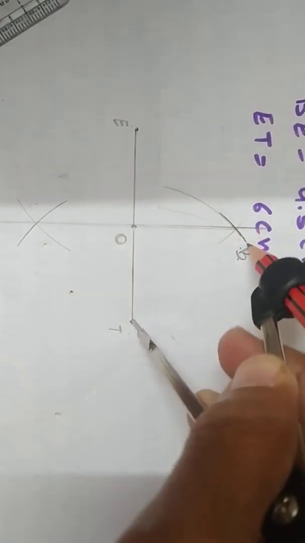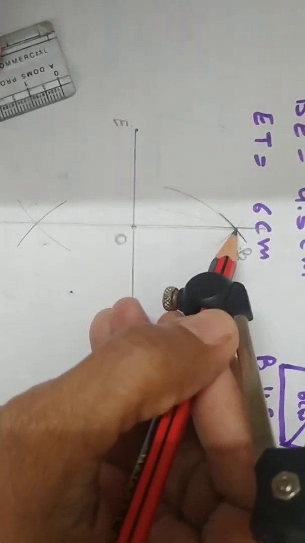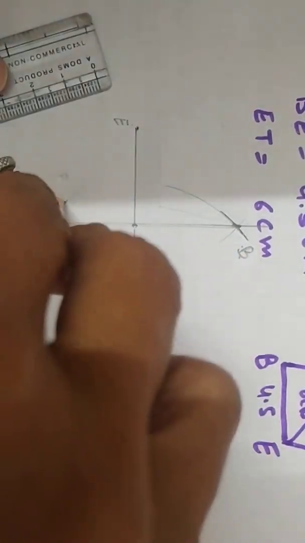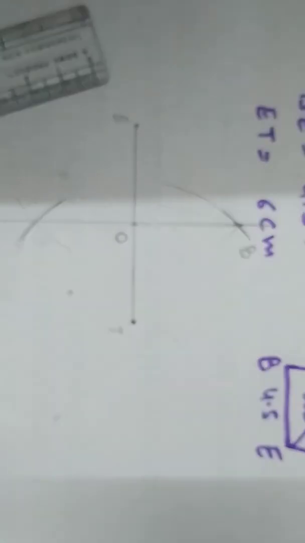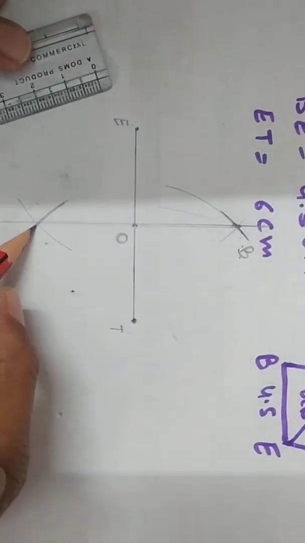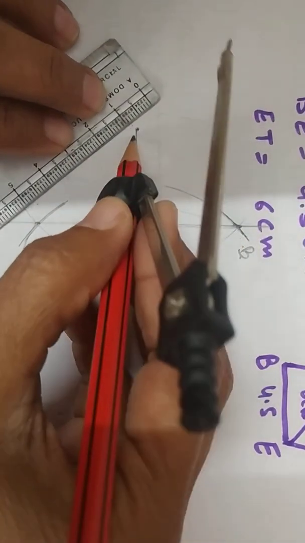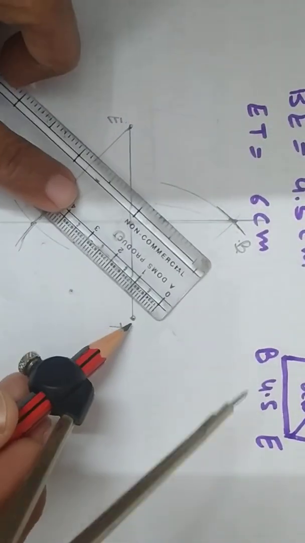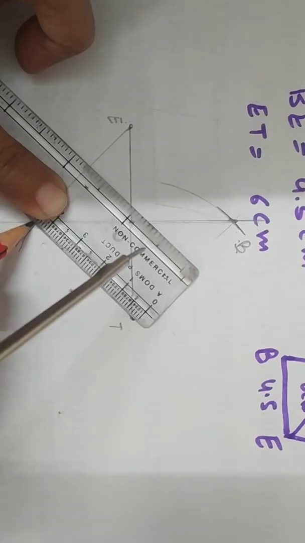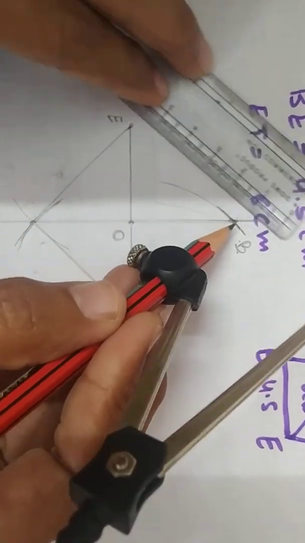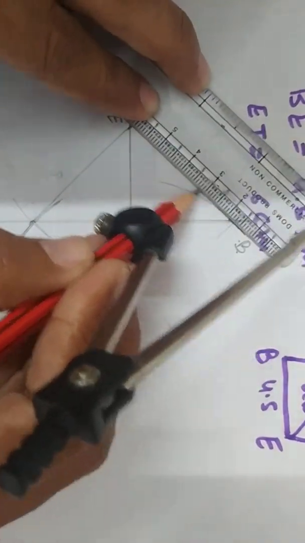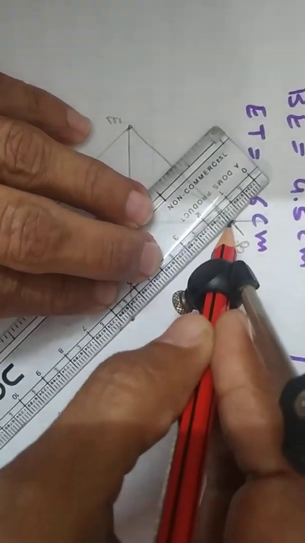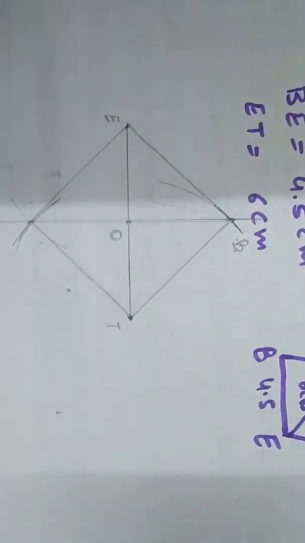It is already coming here. Okay, so this point is B, and similarly on the other side also I will mark an arc of 4.5. So it's already marked at 4.5. Now join these points: BE, you can join BE, BT, and this is your rhombus.